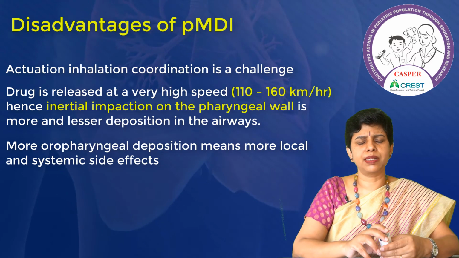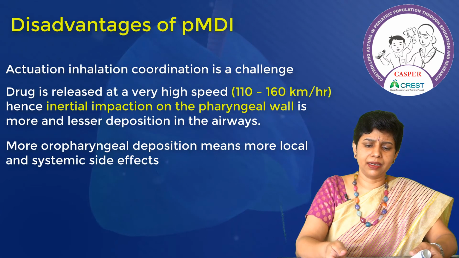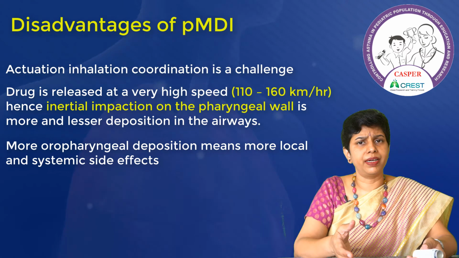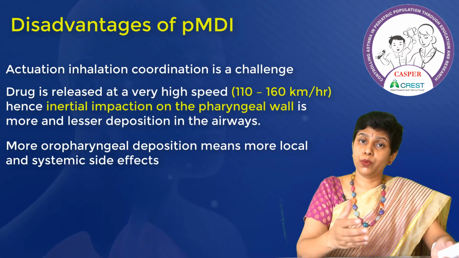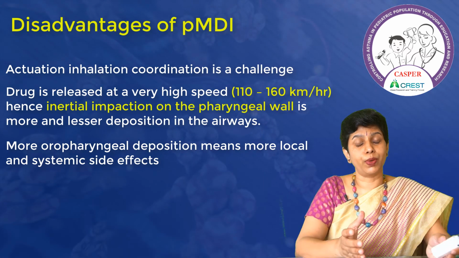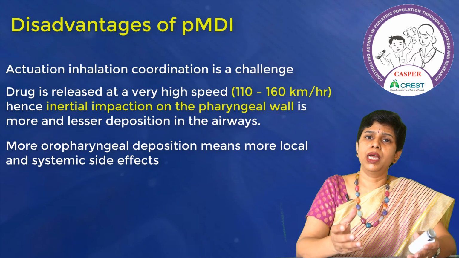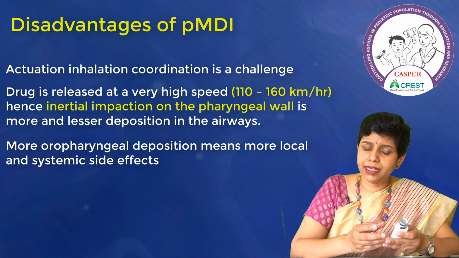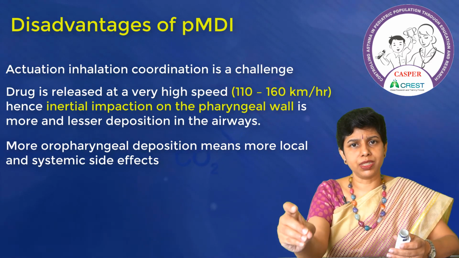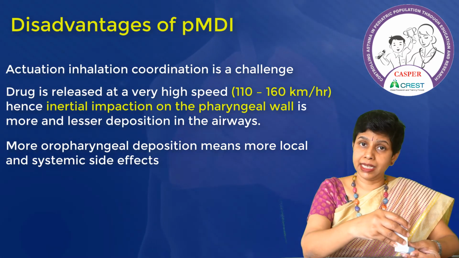We come across prescriptions for 2 and 3 year olds where something like 200 to 400 micrograms twice a day of budesonide or 250 micrograms twice a day of fluticasone is prescribed. It is a very high dose for a child. So when you prescribe the correct dosage with the correct technique, the side effects are nil.